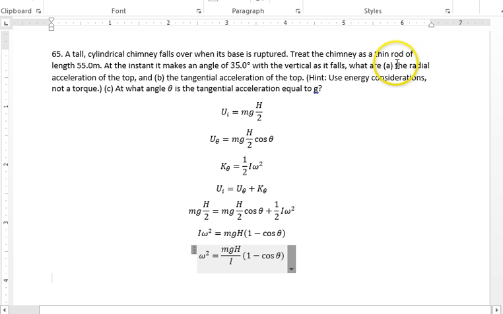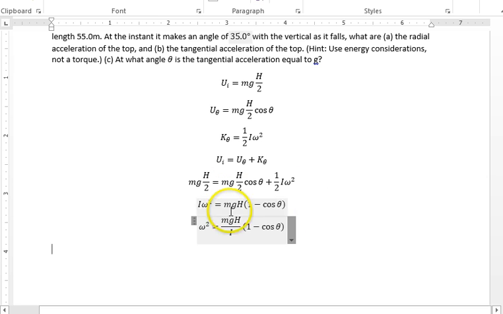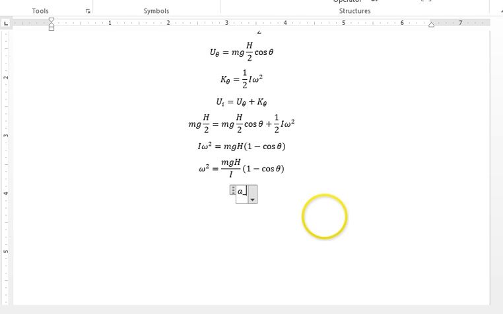So now we know what omega squared is. We're after radial acceleration and tangential acceleration at the top. The reason that I'm going after omega squared is that the radial acceleration is omega squared r, and the tangential acceleration is alpha r.